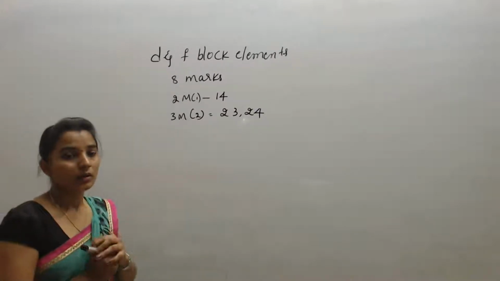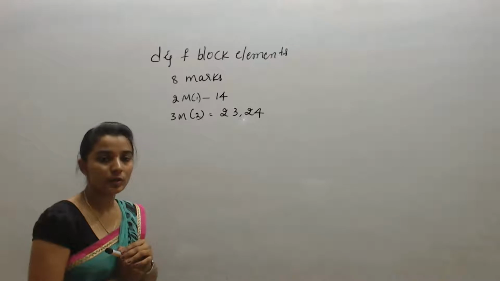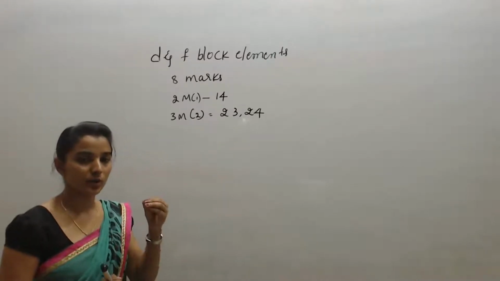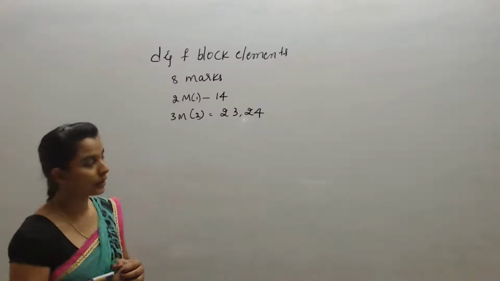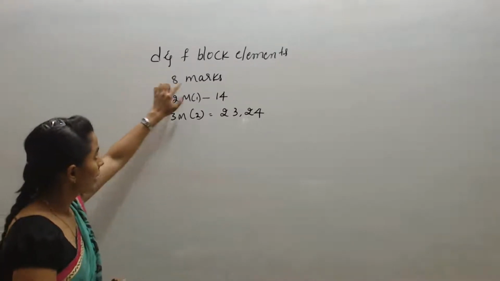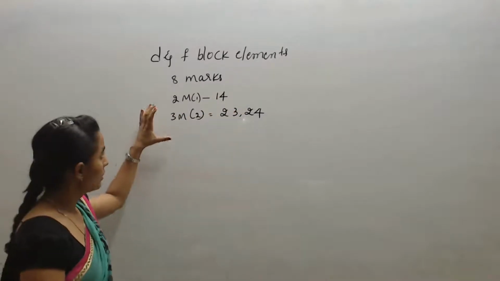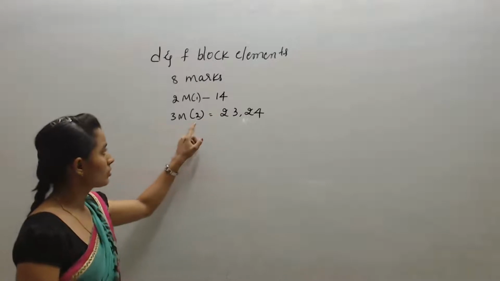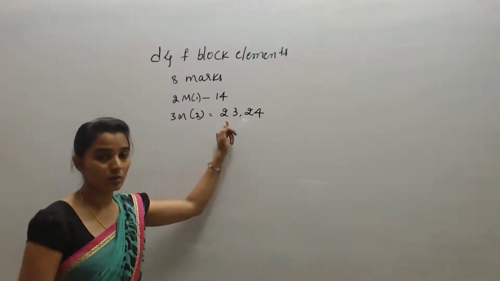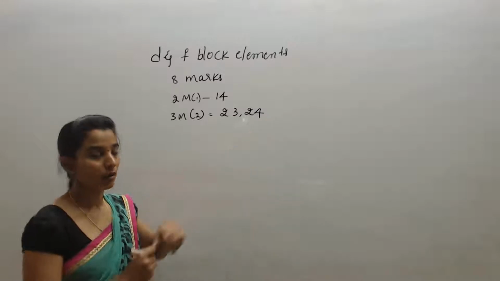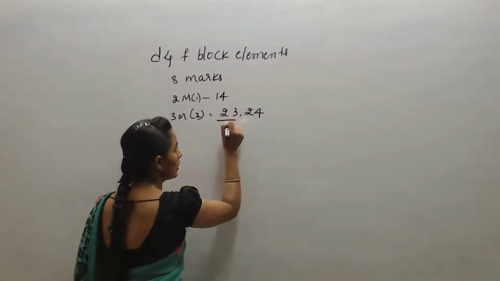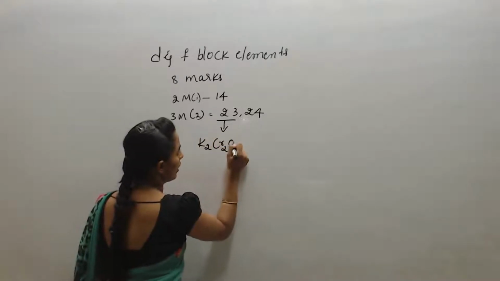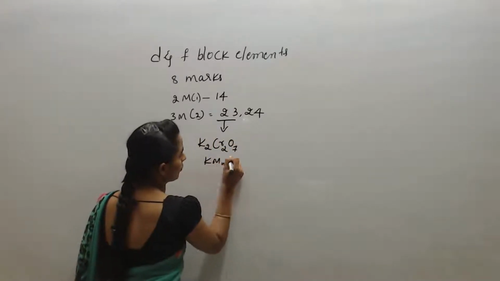In that, one 3 marks question is specially from the preparation of the compounds of some important D block elements, that is potassium dichromate and potassium permanganate. Question number 23 is always the preparation of K2Cr2O7 and KMnO4.